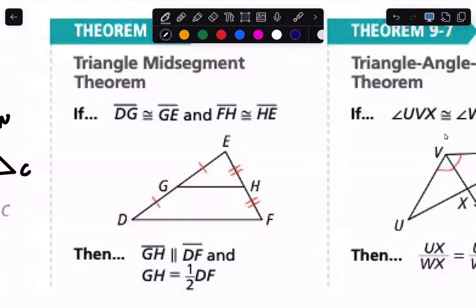So if this is 10, GH is actually 5. So whatever the length of the base is, the mid-segment is half of the larger segment. But this only works if this segment is halfway between the long segments. So remember, this is a midpoint. It cuts the side lengths perfectly in half.